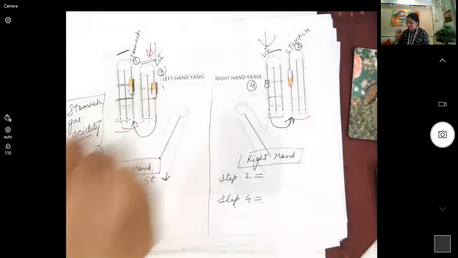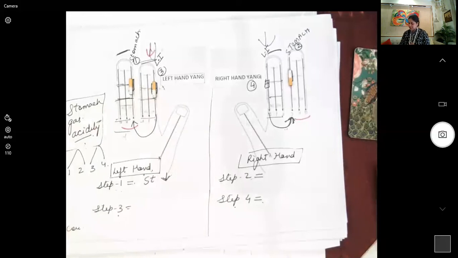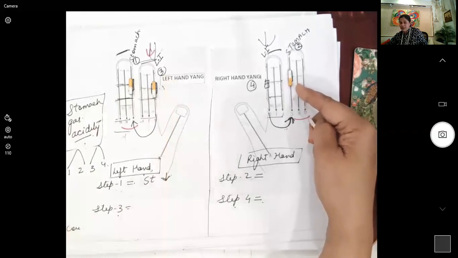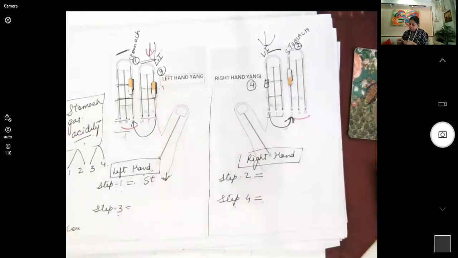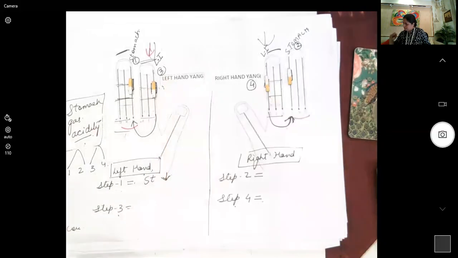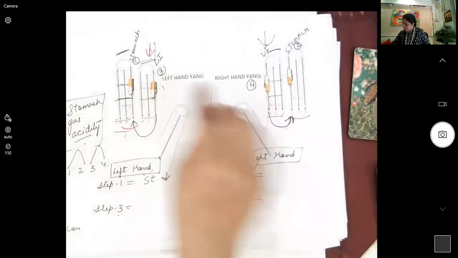This is sedation. Okay, this is sedation, and the patient says, I am better now. And when you come to the next step, here also, if the previous step is sedation, then you will do tonification here.